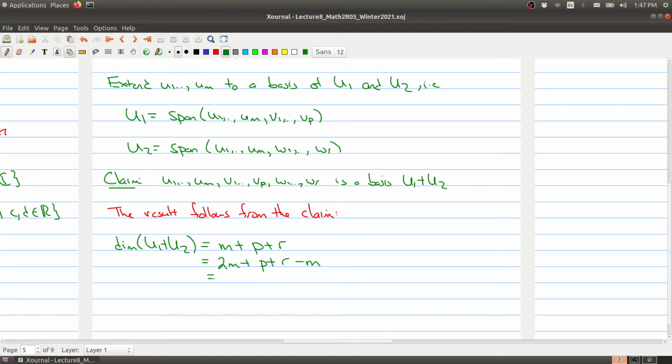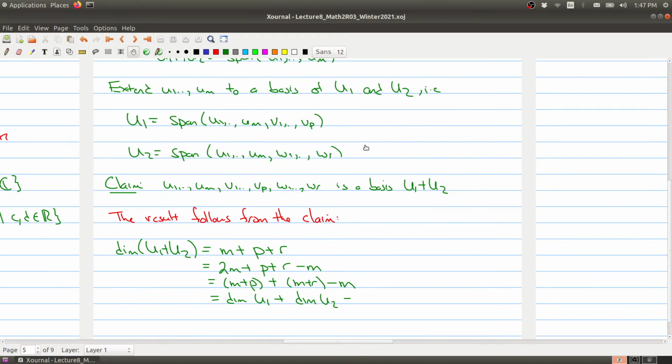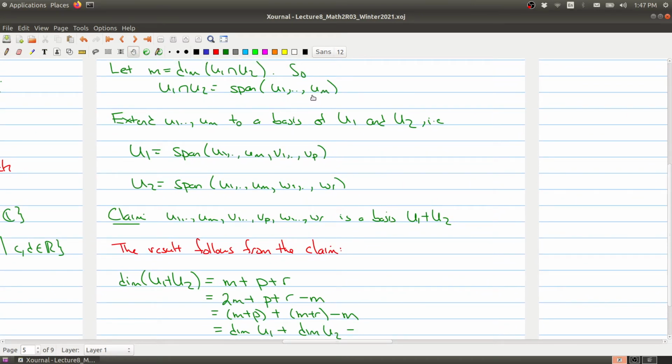We can break this up further and say this is M plus P, plus M plus R, minus M. Now, M plus P is the number of things in my basis for U1, and M plus R is the number of things in my basis for U2. So I have the dimension of U1 plus the dimension of U2, and M is the number of things in my basis for U1 intersect U2.